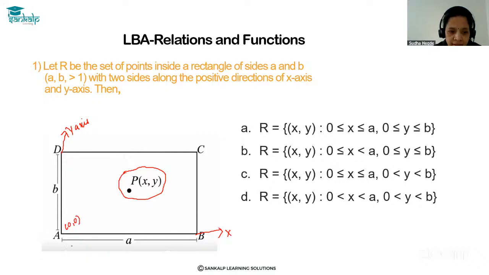Clearly this distance is less than A. Similarly, if you take a perpendicular, it will come here, so this distance is less than B. This distance is greater than 0.